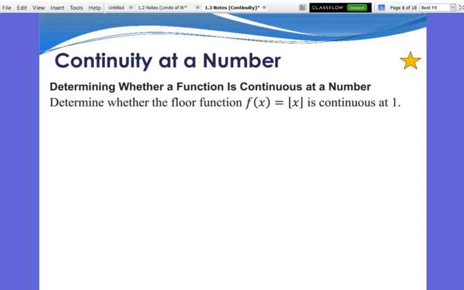Okay, what's this thing right here called? Absolute value. No, it's not absolute value. It's the floor function. The rounding to the lowest value.